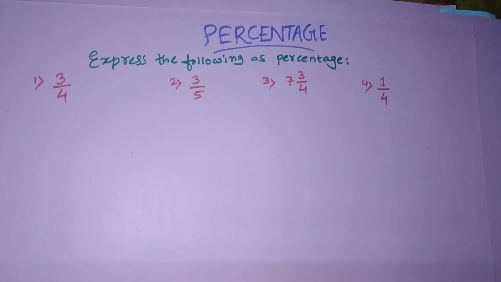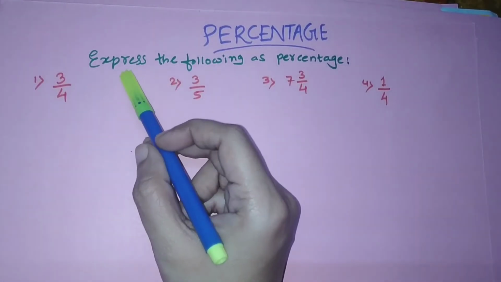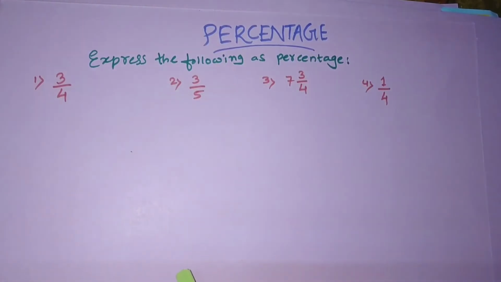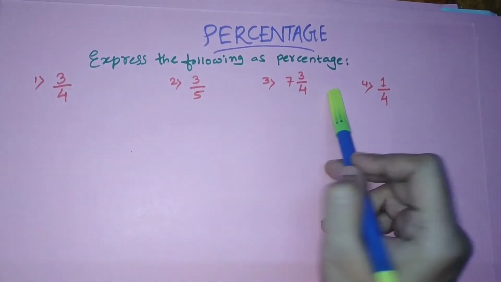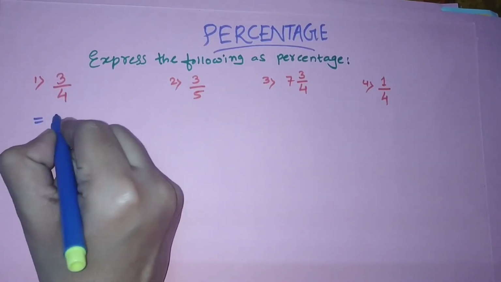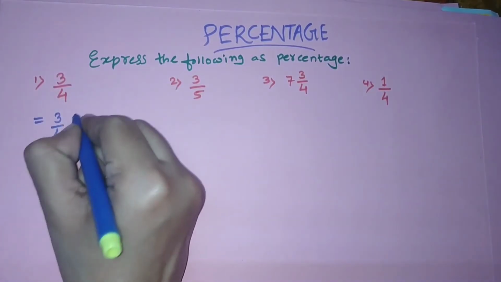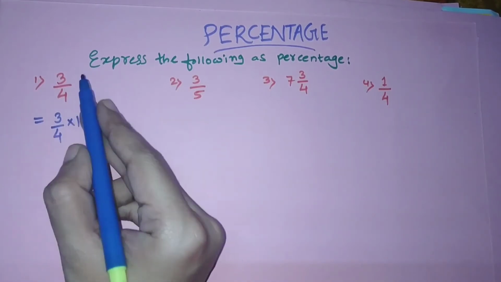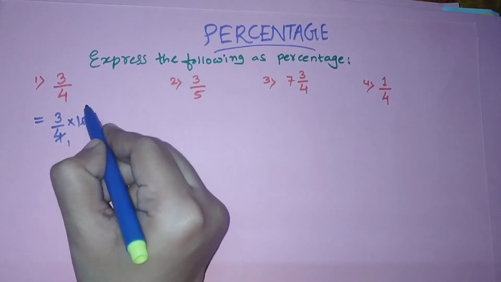So now, friends, we will see some examples. We want to express the following as a percentage. First of all, we need to keep in mind that if you want to convert any fraction into a percentage, you just multiply it by 100. So we multiply 3 by 4 with 100. Here you can cut and you get 25.